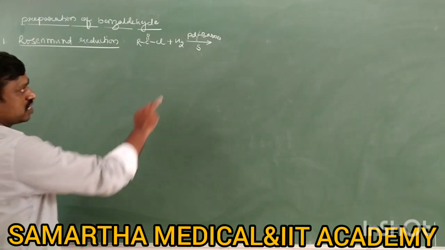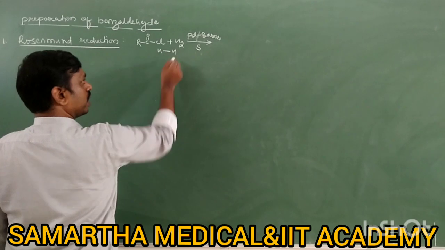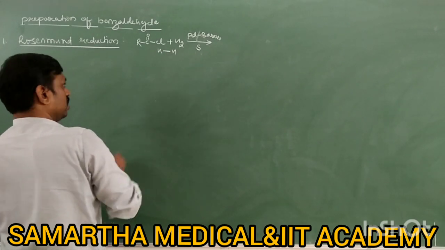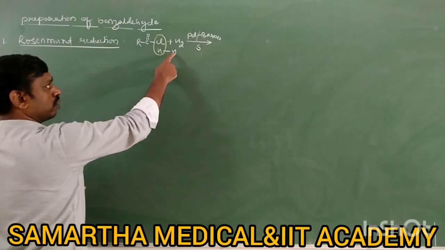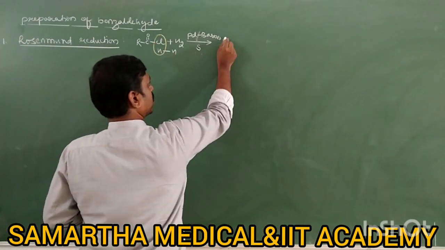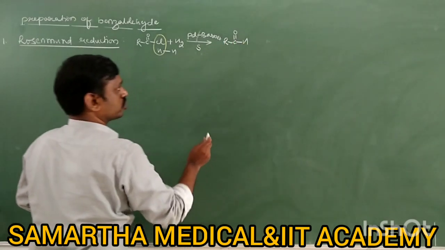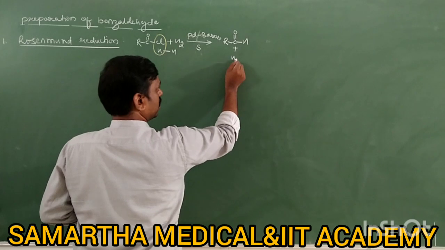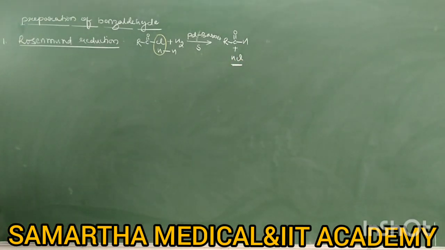HCl is removed and one hydrogen gets substituted here. So the product is RC double bond O as it is, becoming H, plus we get HCl. This reaction is called Rosenmund reduction.